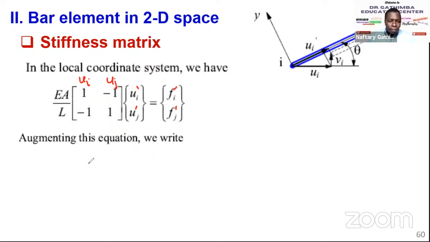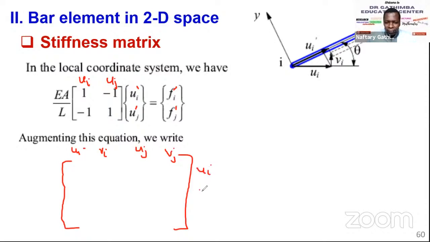And this is why we are saying you make this one bigger, you augment by adding extra rows and extra columns, so that you will have UI, VI, UJ, VJ.